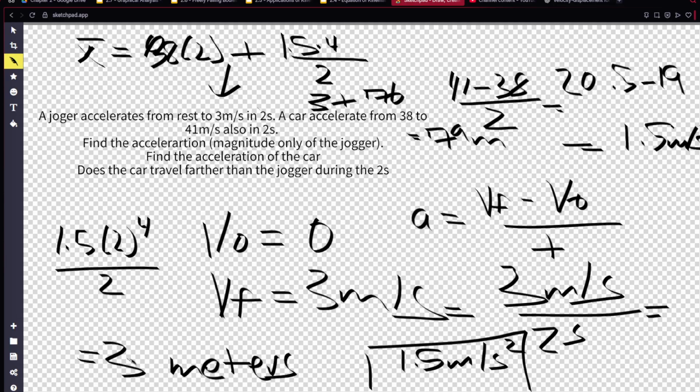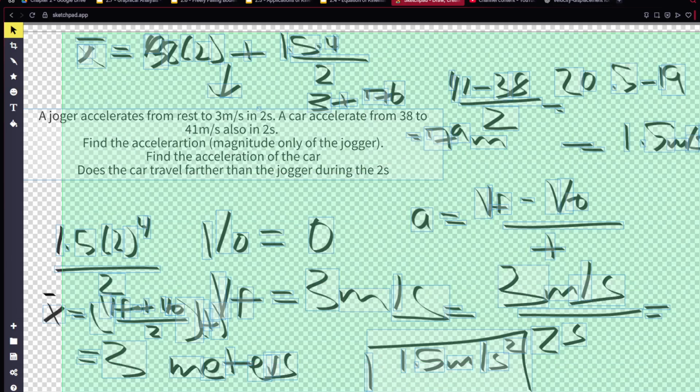Or we could have just done x equals Vf plus V0 divided by 2 times t. Wait, 1 second. Okay, yeah. So the car traveled 76 meters more. That's the logic behind it, and the acceleration is the same. So that's the beauty behind it.